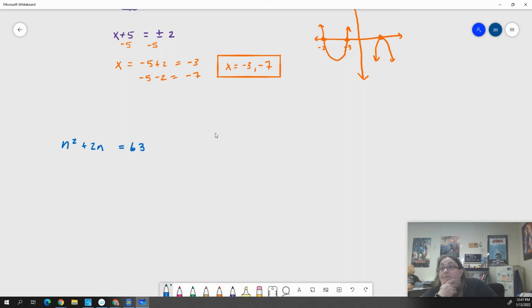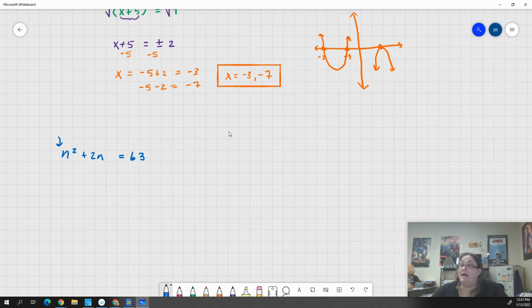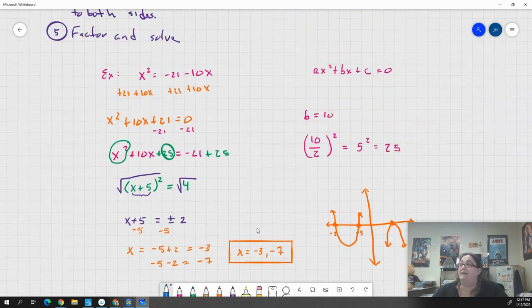We could divide by whatever our A term is, but again, we don't have anything in front of this n, so it's just 1. And if we divided everything by 1, we would be left with exactly what we have: n squared plus 2n equals 63. And so we've already done 3 steps without doing anything, right?